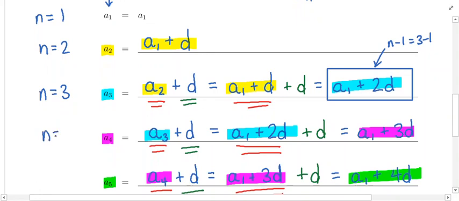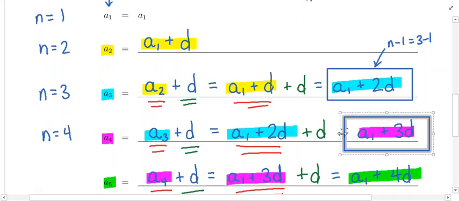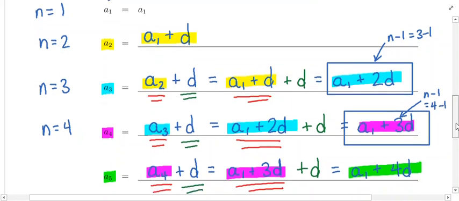If we go to n equals 4 and we look at how we generate the fourth term, A4, here is the formula we came up with. We always start by taking the first term, which is A1, and then we're adding a multiple of D. The number we're multiplying D by is the n value minus 1. Here the n value is 4, the fourth term. We're subtracting 1. 3 is the number that we're multiplying the common difference by.